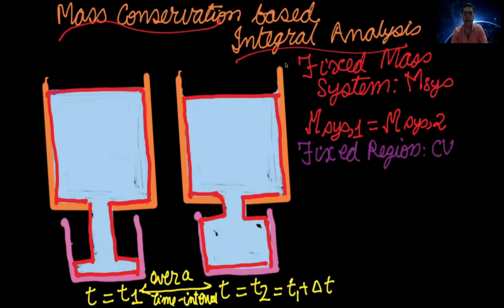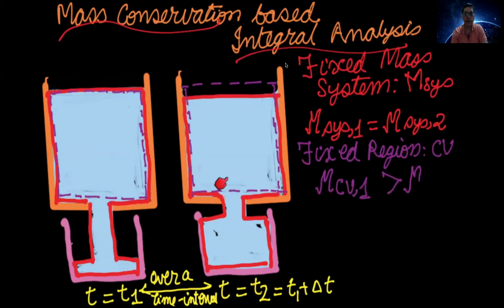So for a fixed region or control volume, note that the dashed line shown here at time t1 and t2 is the same region. However, inside this control volume, the mass of the liquid at T1 and T2 is different.